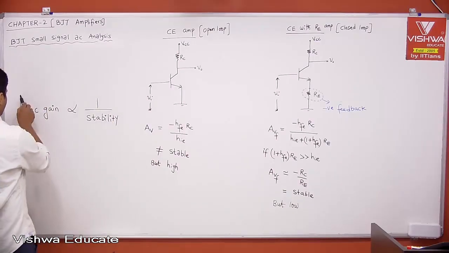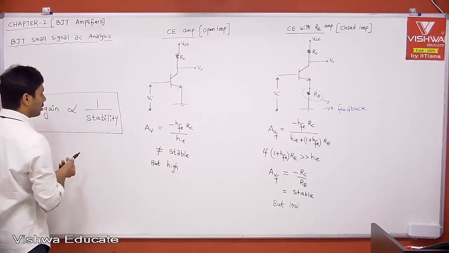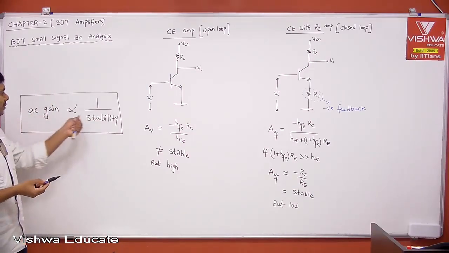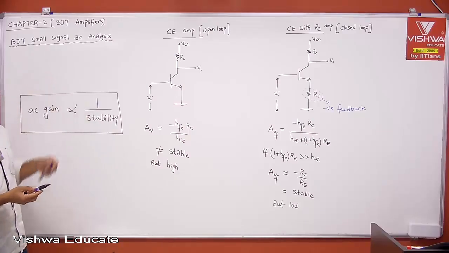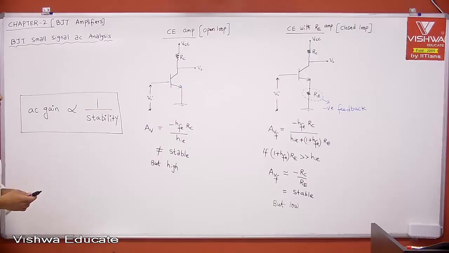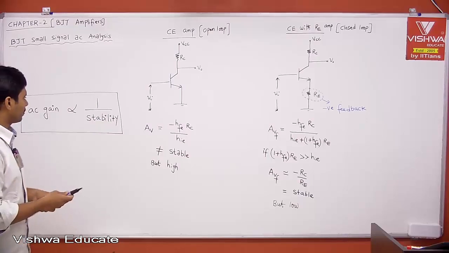This is very important. What does it mean? If you want stability, then gain will be less. If stability is less, your gain will be more. You can take it as a reference, which I already explained before, but this is important. Maybe you can write this in a black box.